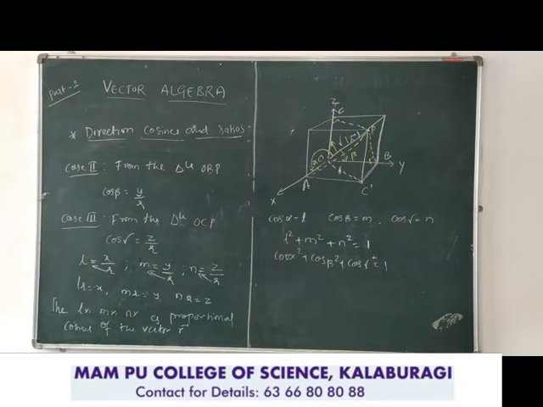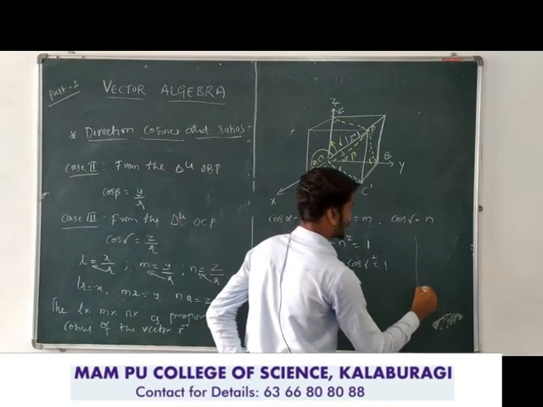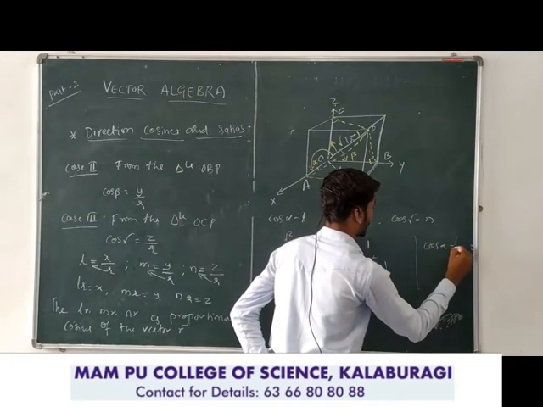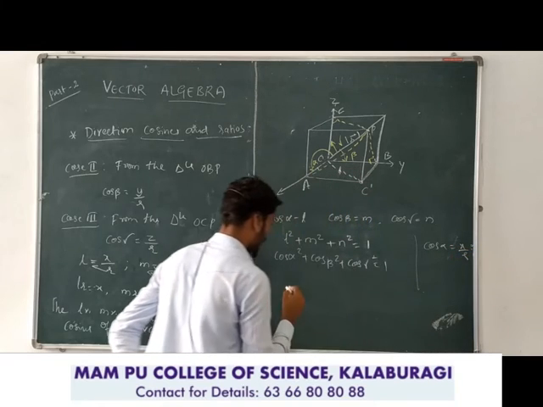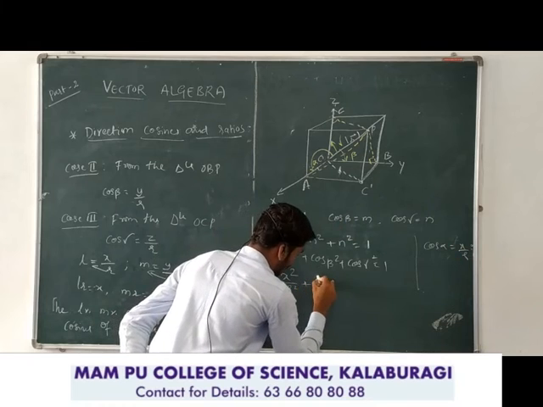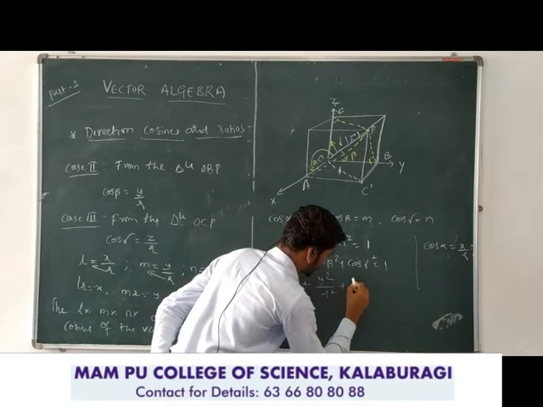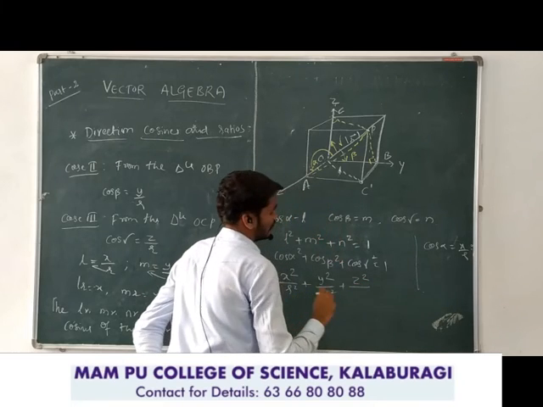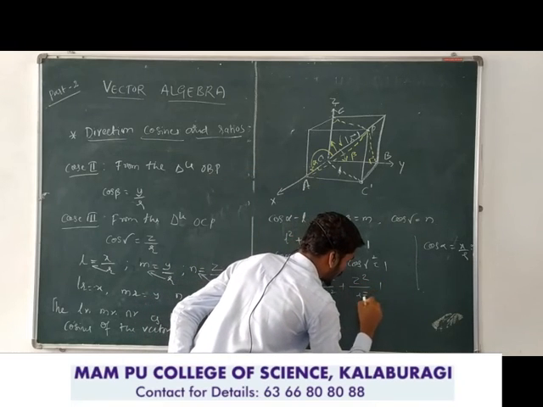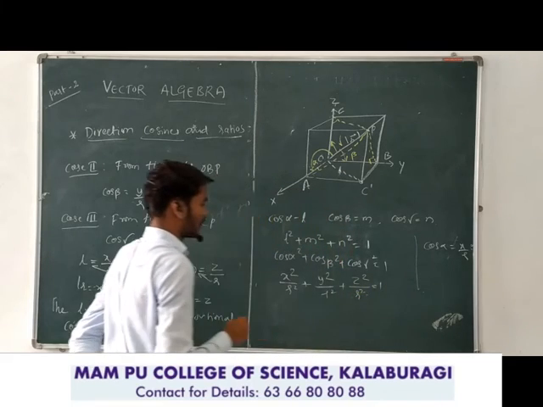What is the value of cos alpha? Finally we get x by r, no? So x square divided by r square plus y square divided by r square plus z square divided by r square is equal to 1.